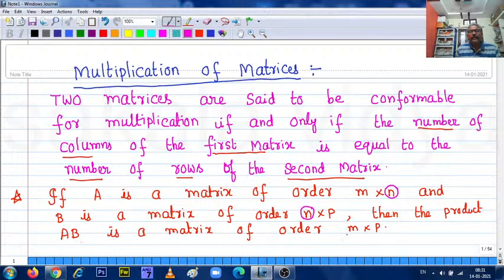The order of AB is m by p, which means AB consists of m rows and p columns.